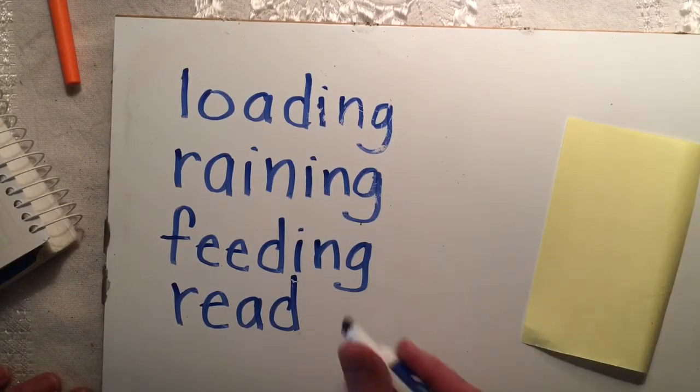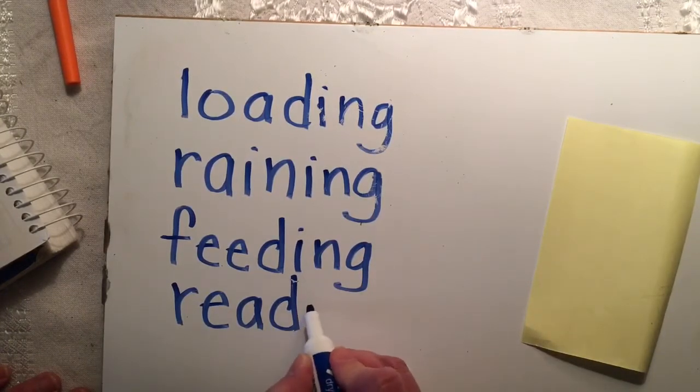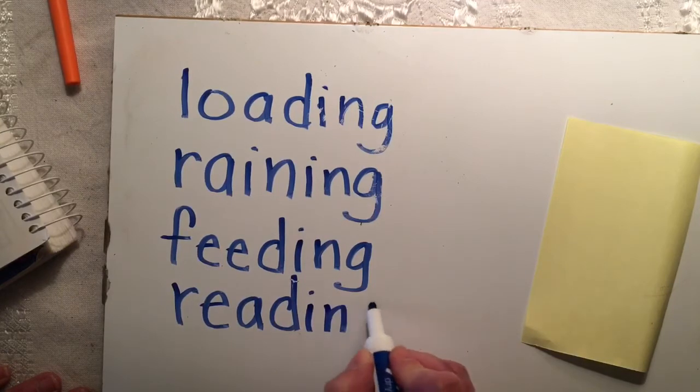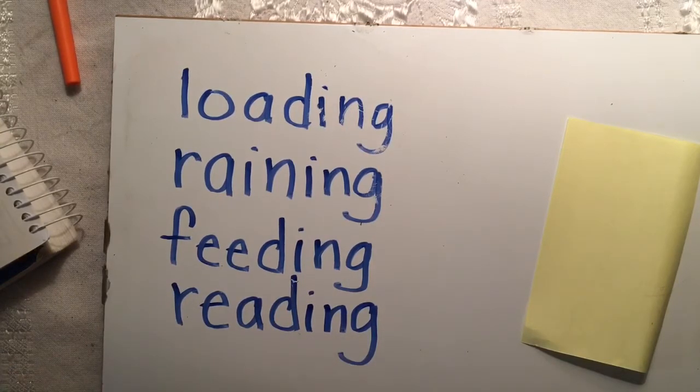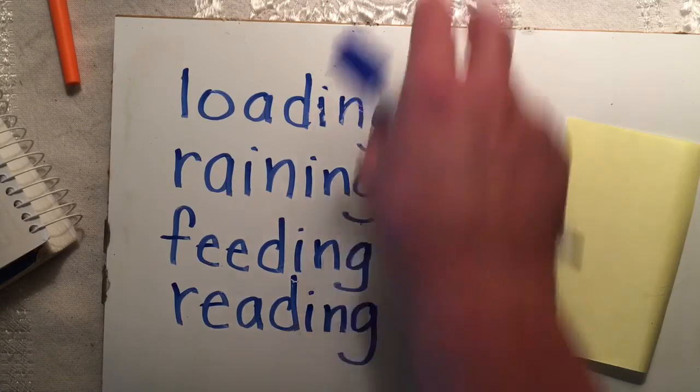Last one. We're going to add our frosting to our peanut butter and jelly. We have an EA, and D. Read, read, add that ing, reading.